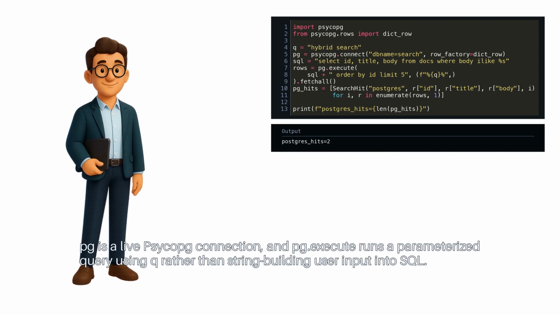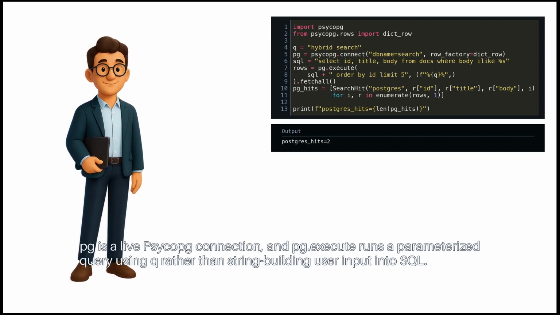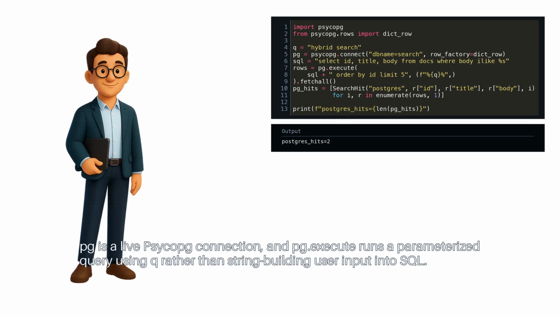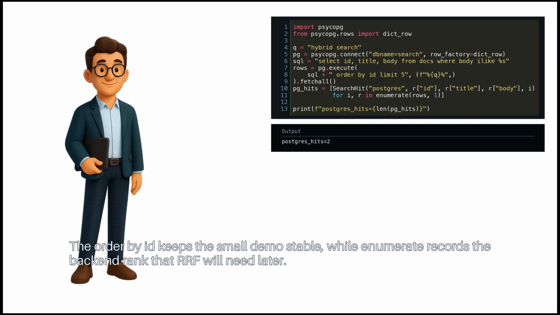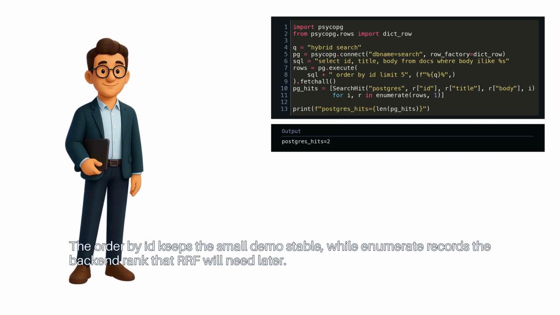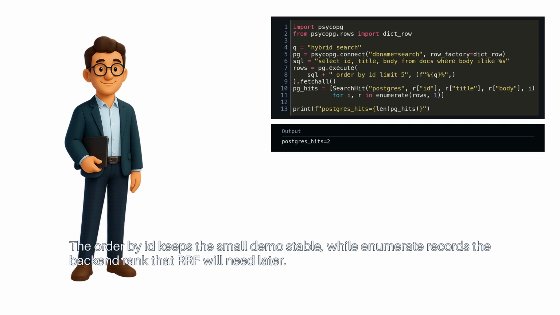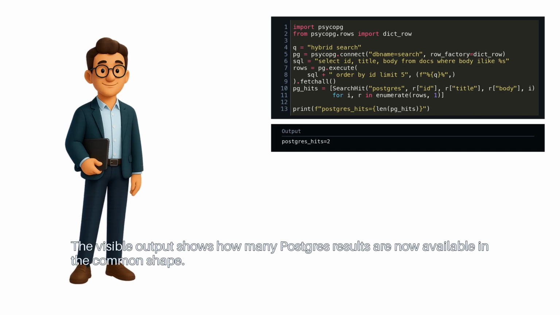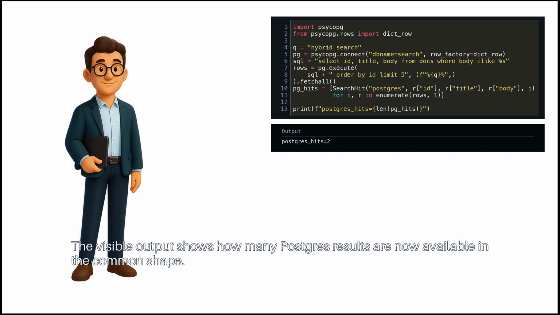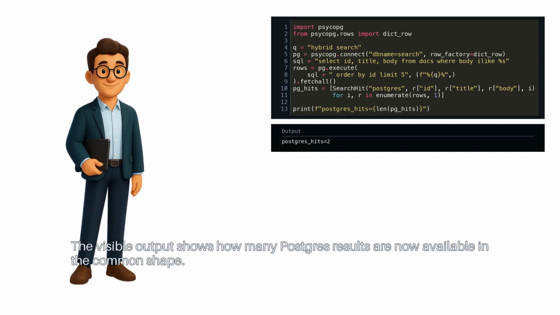PG is a live psycopg connection, and PG execute runs a parameterized query using Q rather than string building user input into SQL. The order by ID keeps the small demo stable, while enumerate records the backend rank that RRF will need later. The visible output shows how many Postgres results are now available in the common shape.